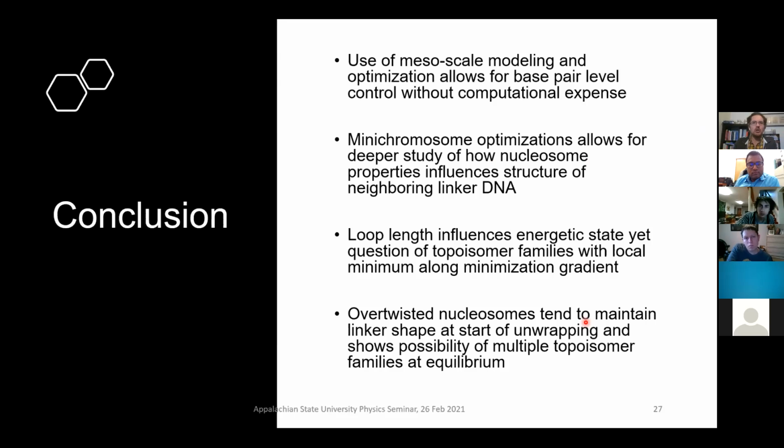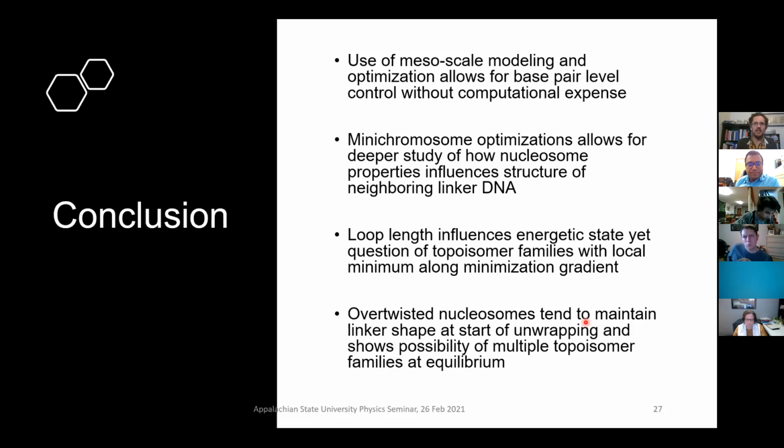We're looking at many chromosomal optimization configurations, so we have an idea of how nucleosome configurations influence upstream and downstream forms of DNA. And we've seen that more over-twisted forms of that nucleosome does significantly play a role in how those free linker DNAs, or those free upstream and downstream DNAs, influence their configuration, influence their elastic and electrostatic properties.